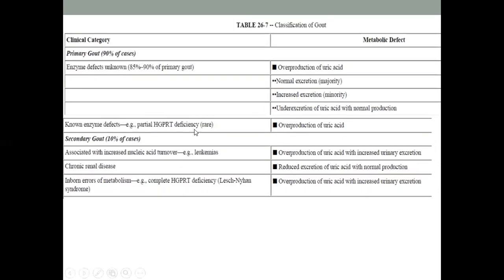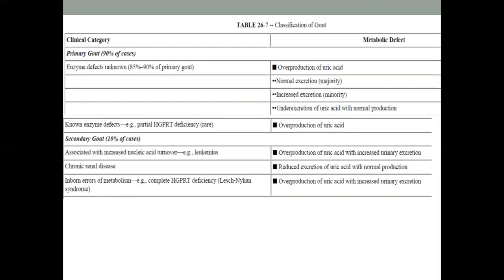And then there are known enzyme defects, for example, partial hypoxanthine guanine phosphoribosyl transferase enzyme deficiency, and there is overproduction of uric acid.